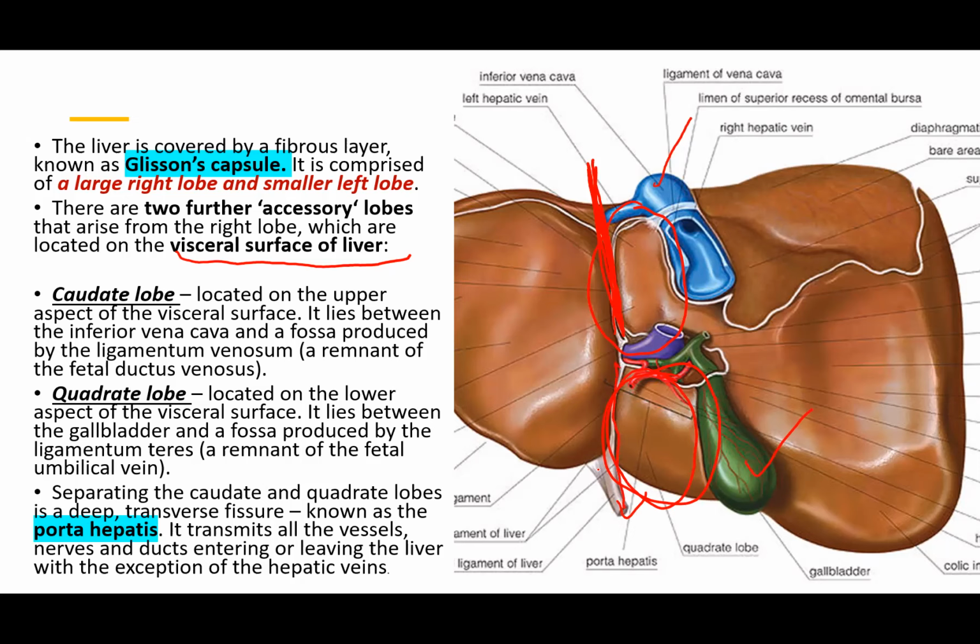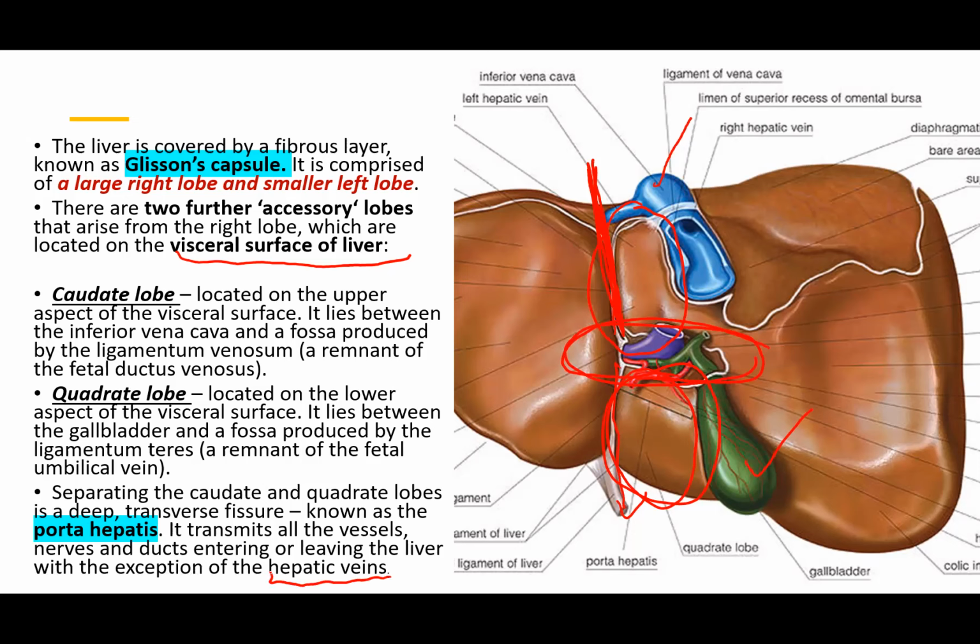Separating the caudate and the quadrate lobes is a deep transverse fissure. Now you can imagine this. There is this transverse fissure, okay, known as the porta hepatis. The porta hepatis of the liver is the region that transmits all the vessels, nerves, and ducts entering or leaving the liver, with the exception of the hepatic veins.